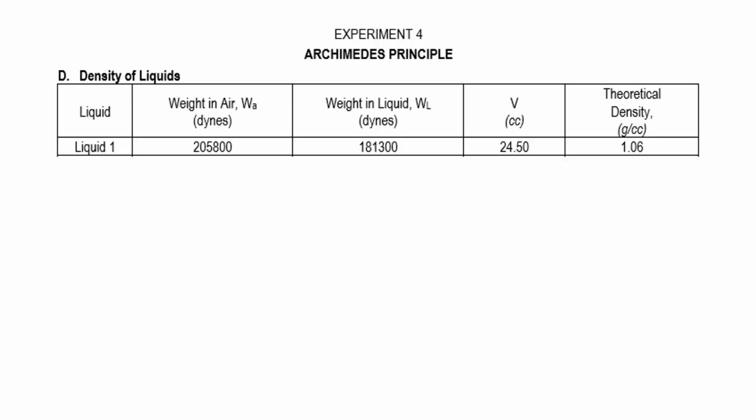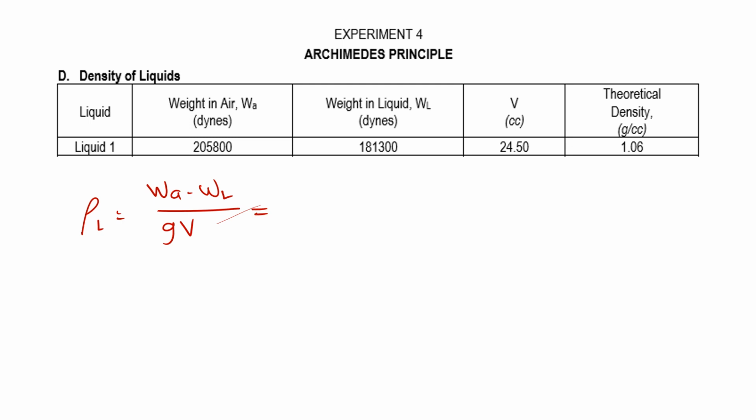Given the following data, let us compute the experimental value of the density of liquid 1 as well as the percentage error. Density of liquid is equal to weight in air minus weight in liquid over acceleration due to gravity multiplied by the volume displaced.